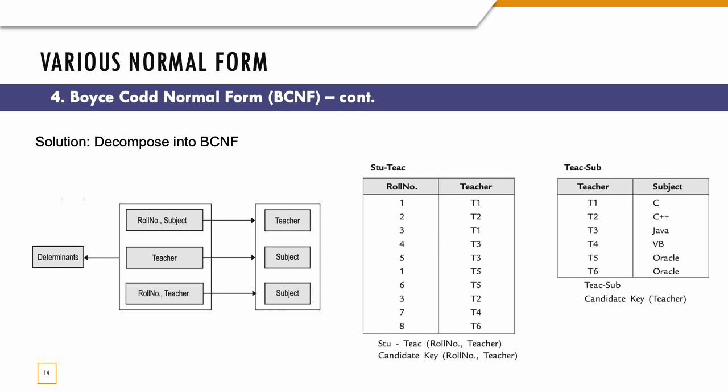This results in two separate tables: student teacher, which consists of roll number and teacher, which links students with the teachers, and another table called teach sub, between teacher and subject. These tables link the teacher with the subjects they teach.